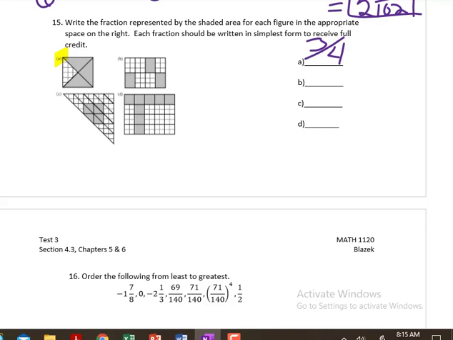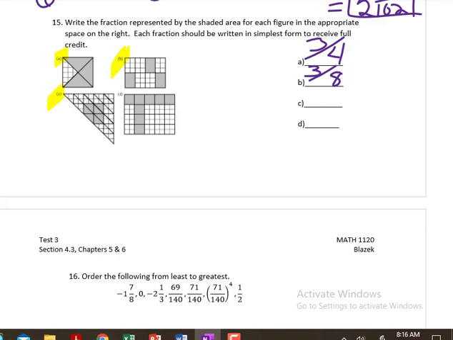B. In B, I look at this rectangle that is divided into 8 equal rectangles, and 3 of them are shaded. So 3 out of the 8 are shaded. Moving on to C. Well, I'm going to have to do a little counting here because the big triangles are split into smaller triangles, and it's the smaller triangles that are shaded.